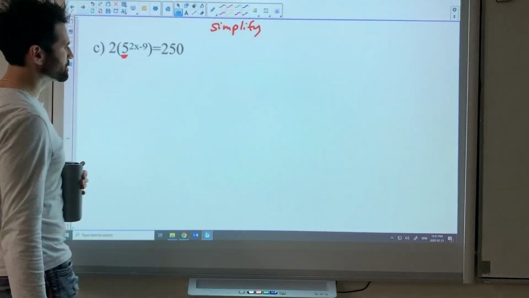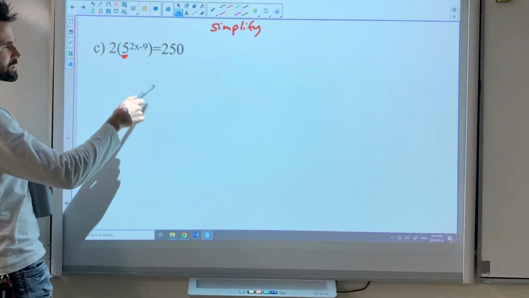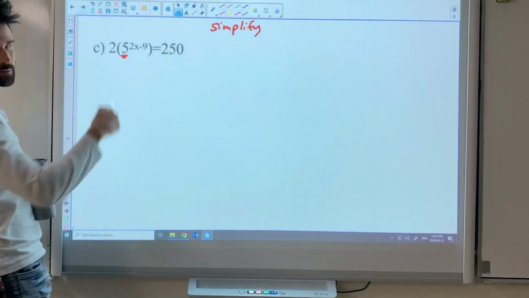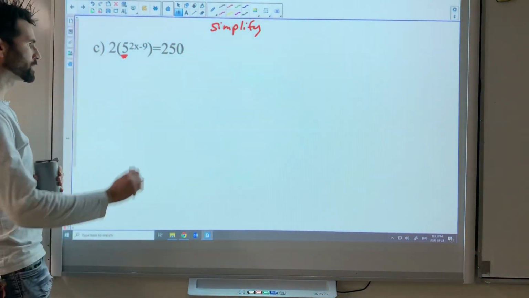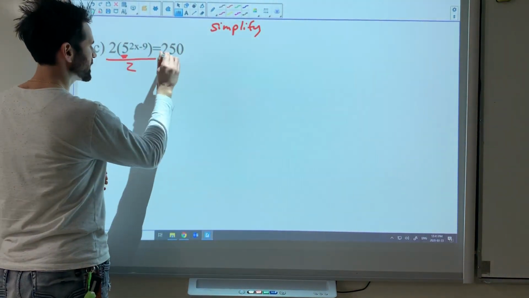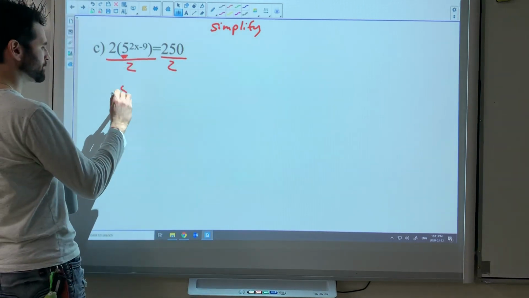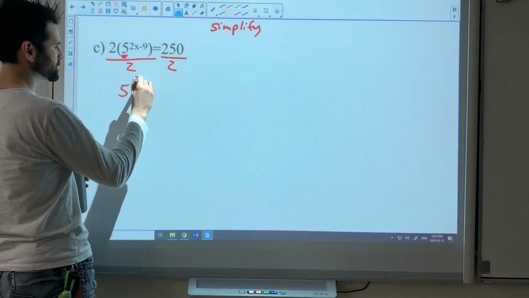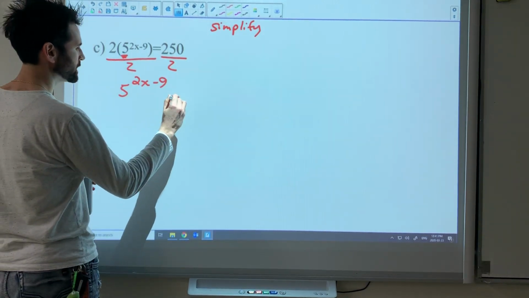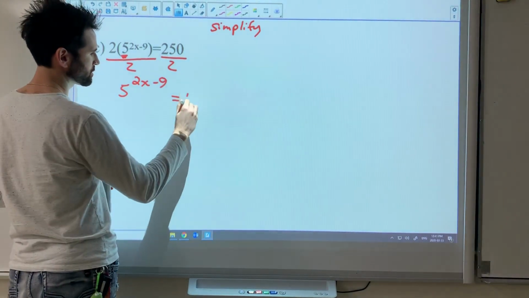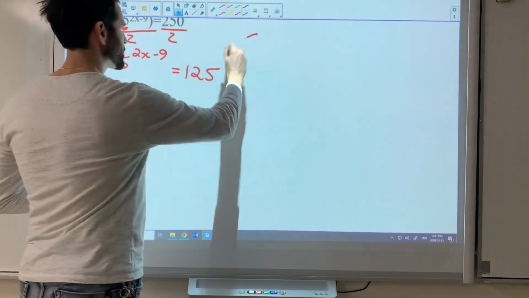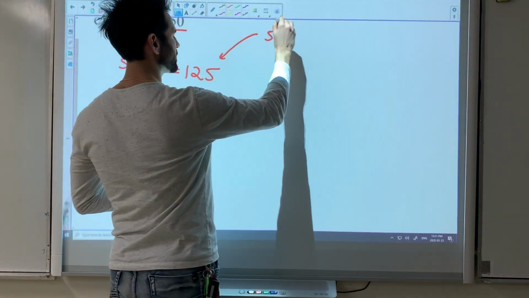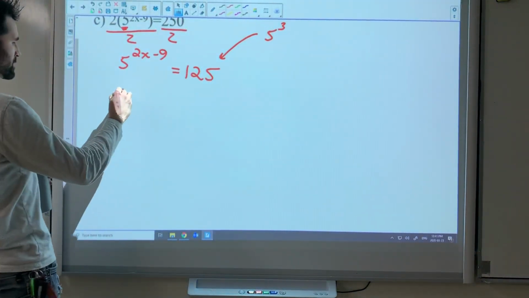Okay, another problem I'm experiencing right now is I can't think of a way to write 250 with a base of 5. Not an easy way with a nice integer exponent. But if we divide both sides by 2, then we'd be left with 5 raised to the 2x minus 9 equals, well, 250 divided by 2 is 125. 125 is just 5 to the power of 3.